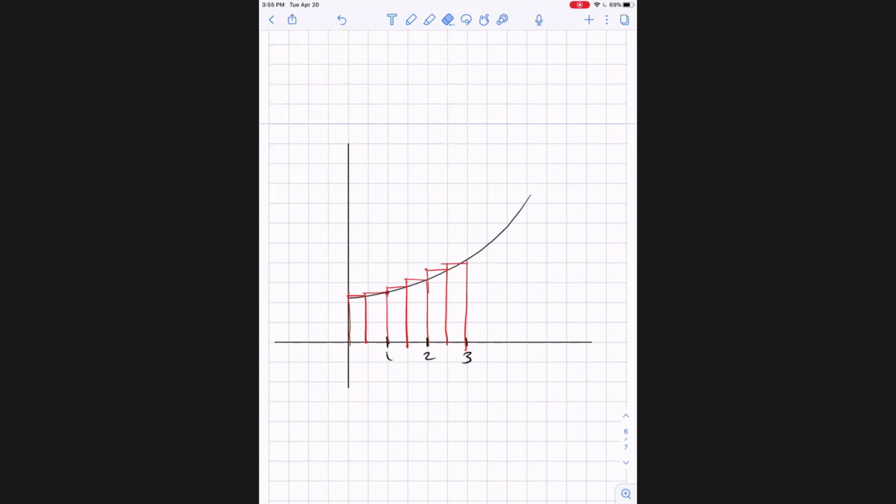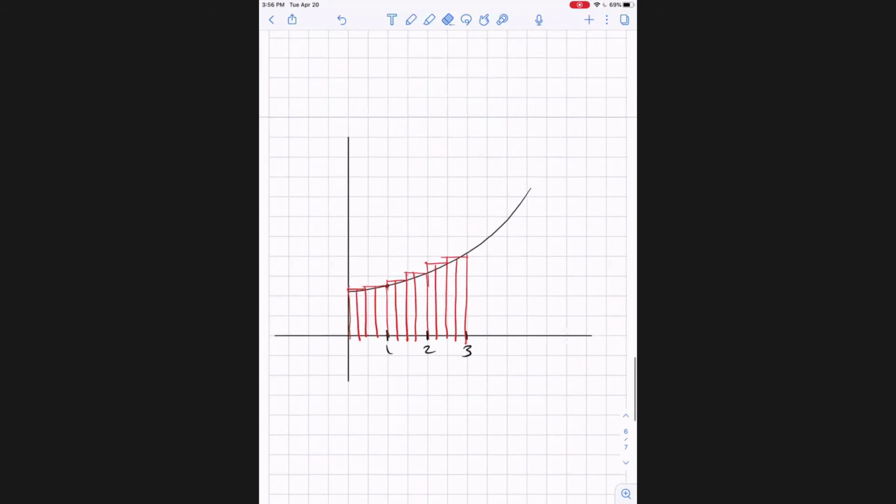And then what if I made n even larger? Then the error would get smaller and smaller. So what I'm trying to say is, well, what if you took the limit as n goes to infinity? Wouldn't the error go to 0? So if I kept creating more and more rectangles here, these would go away, and the error amount would get smaller and smaller and smaller.